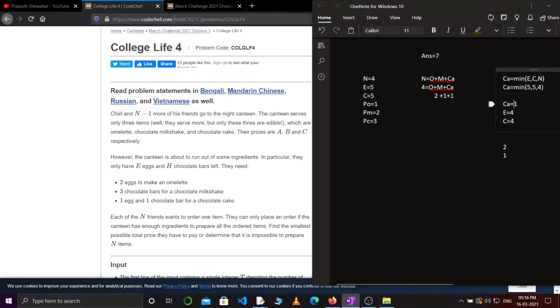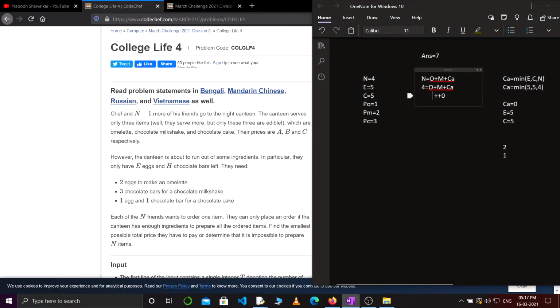Now I'll decrease cake by 1, so 0 cakes. So I'll be having 5 eggs and 5 chocolates. So I can have 2 omelettes, and again 1 milkshake. Okay, so in this case 0. So here you can see, even if I consider both omelette and milkshake, I cannot have 4 items to order.